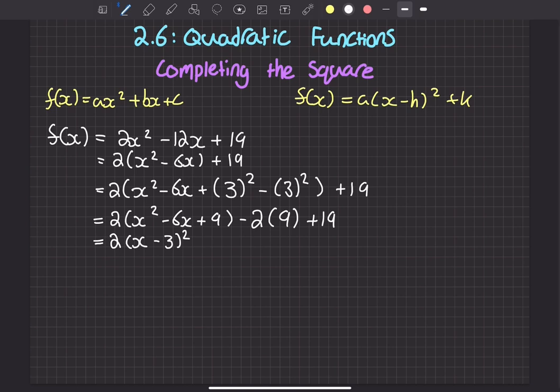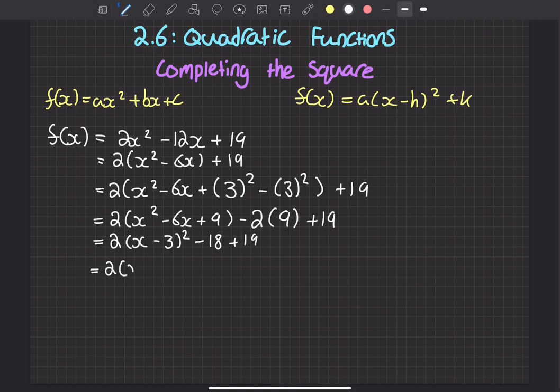So you're not changing anything, you're just expressing it in a different way. And this number here, if this is negative, you know this will be negative. And this number here is basically just the square root of the constant here. Okay. And now you're still minusing the 18, minusing the 2 times 9, plus 19.